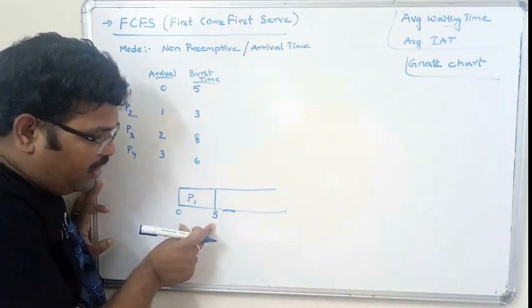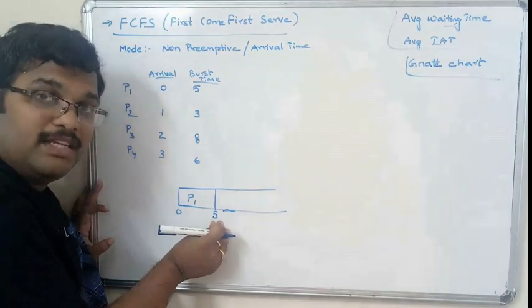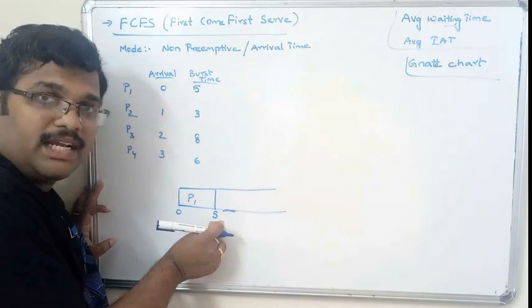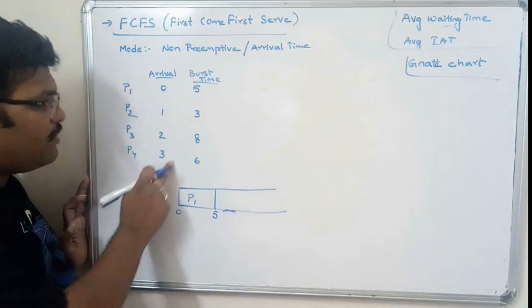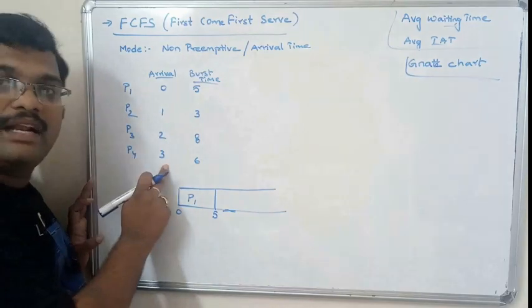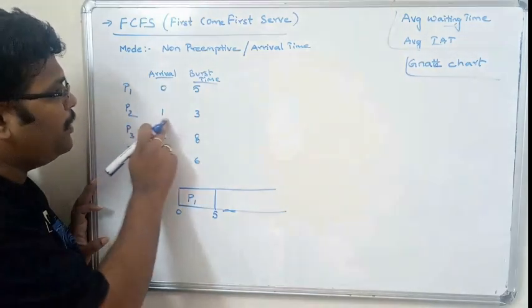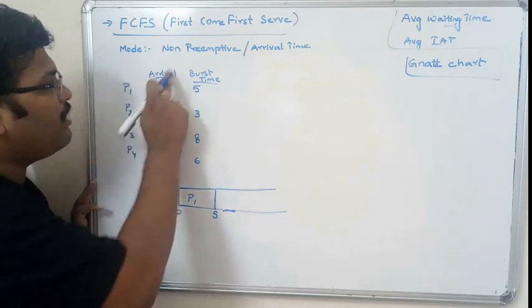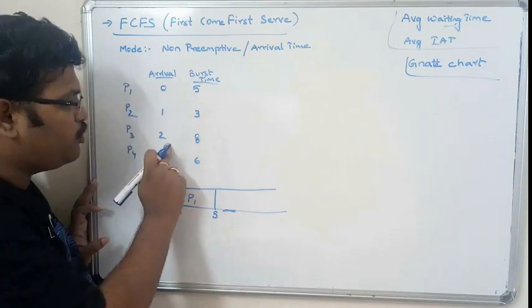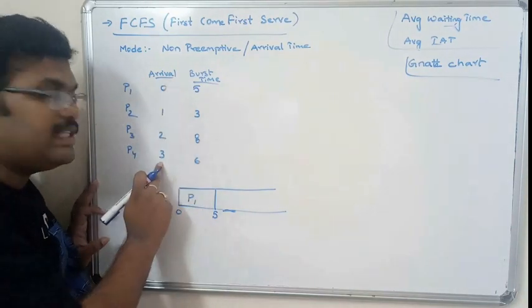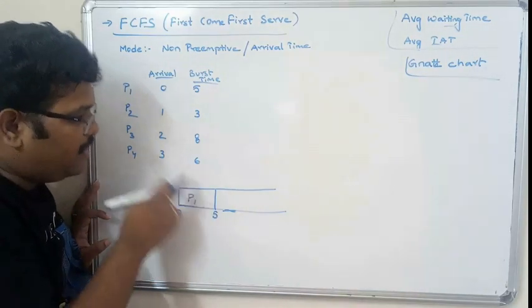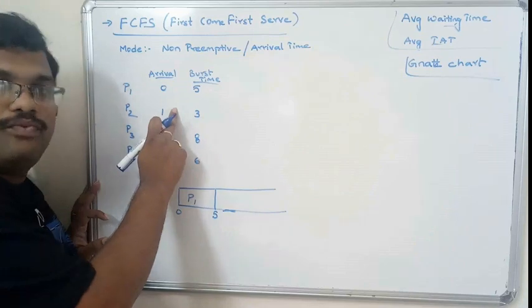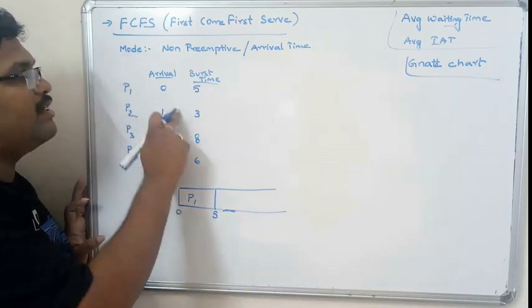Now at the time of 5, there are 3 processes waiting for the CPU in the ready queue, right? P2 arrival time is 1, P3 arrival time is 2, and P4 arrival time is 3. So after completion of P1, 3 processes are available. So which process do we have to consider?